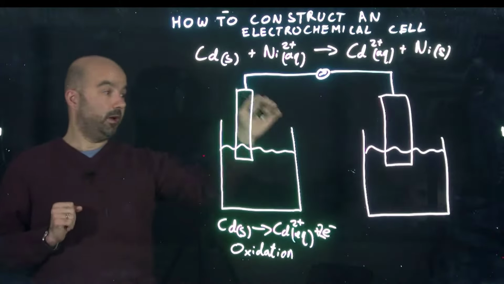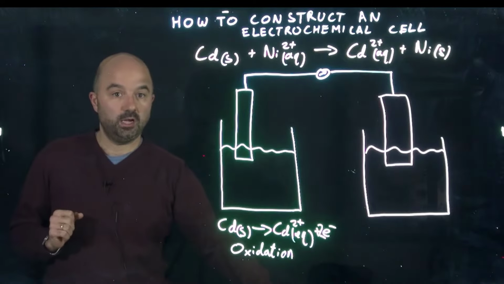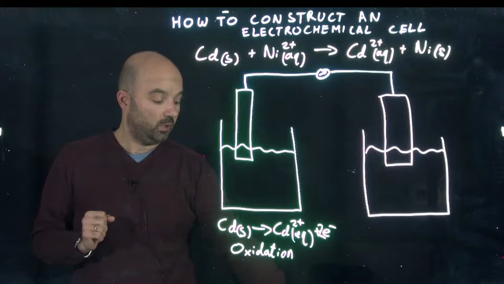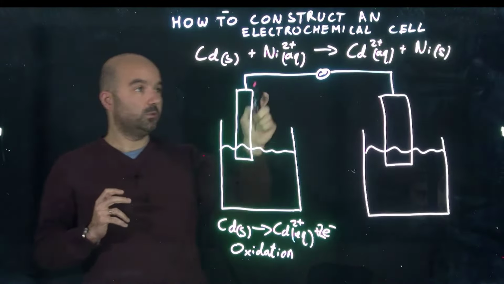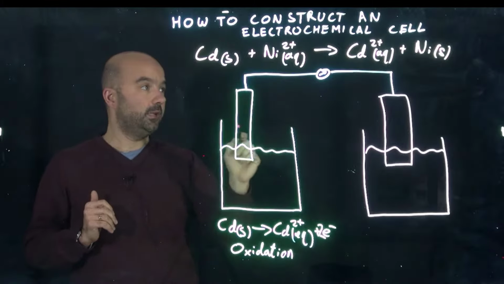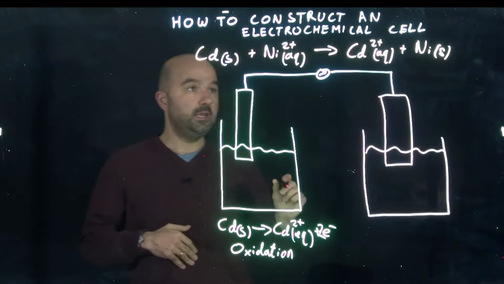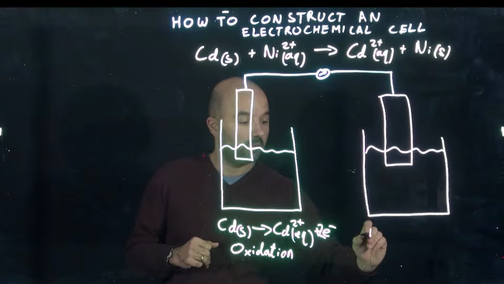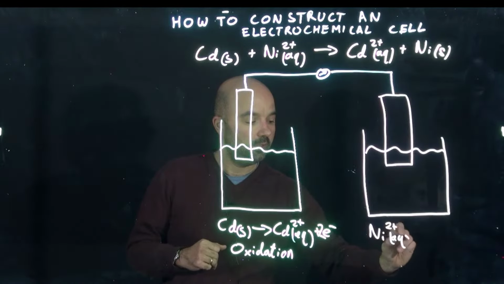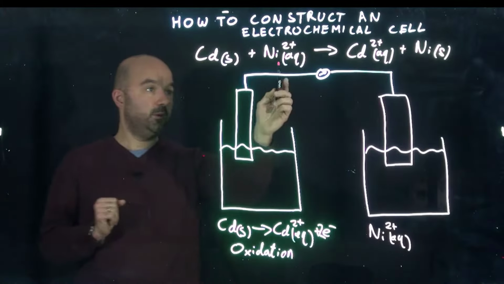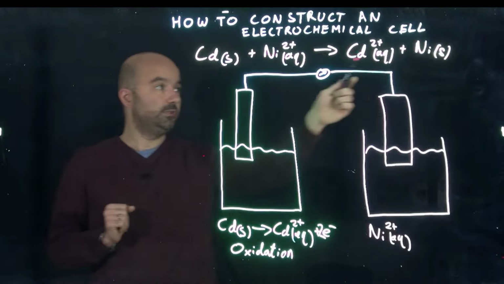Now let's take the other part, and hopefully, because oxidation and reduction occur at the same time, and you can't have one without the other, we're going to get reduction occurring. So let's look at what's going on. We've got nickel 2+ ions, and they are going to form nickel. So let's write this in. We've got Ni2+ aqueous, and we can see we're going from an oxidation state of +2 to 0.